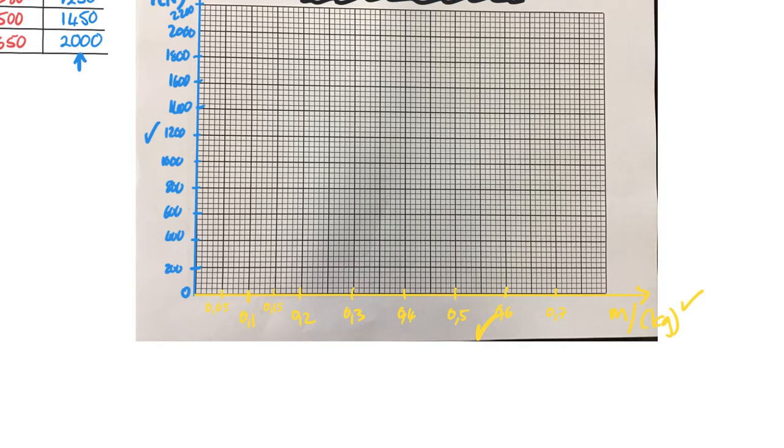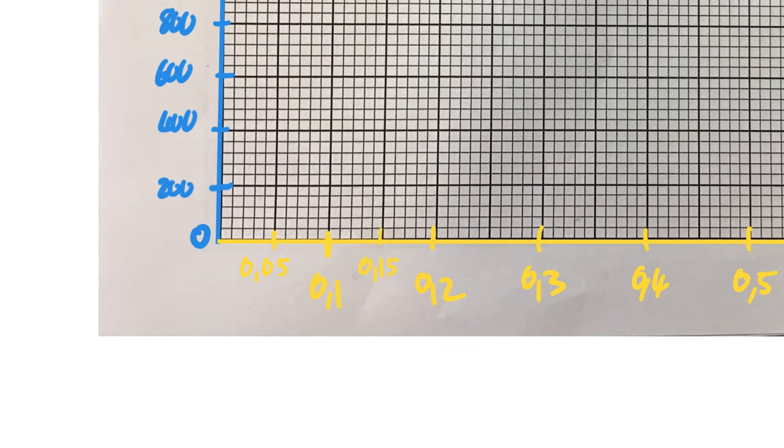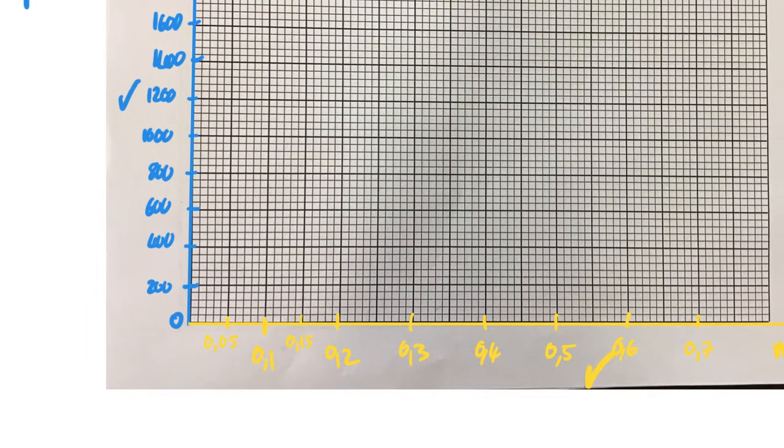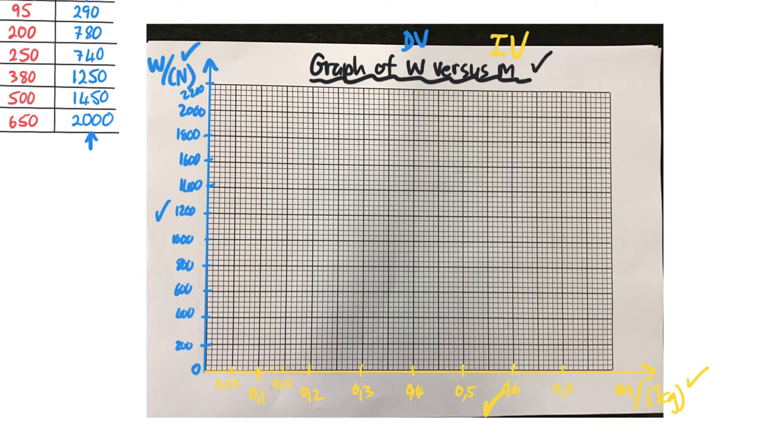But the key thing is that whatever your scale is, you must ensure that each of these blocks represents the same amount of your quantity. So if one of those big blocks represents 0.05 each time, then it's fine. So there's another mark for that scale. And so we have now, before even drawing the graph, 1, 2, 3, 4, 5.